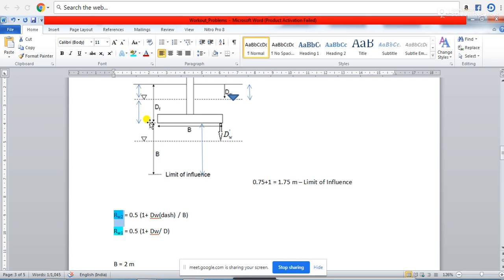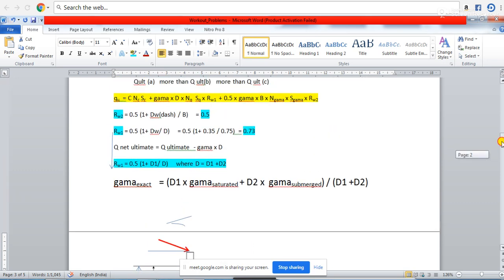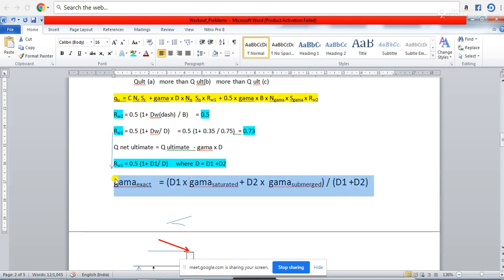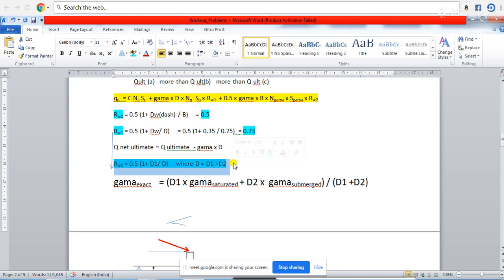But above the base of the footing, instead of interpolation, you go with the exact formula. However, if you go with this also, you will not be wrong to too much extent. Maybe your bearing capacity will differ by 1 to 2%, that's all.